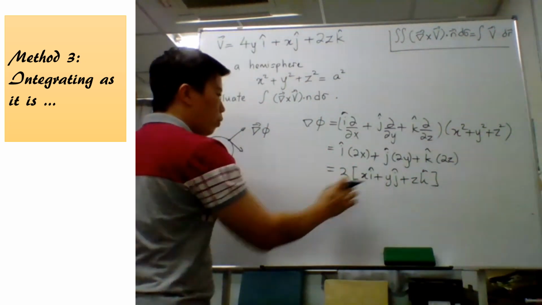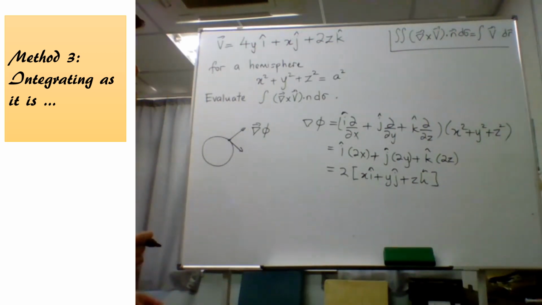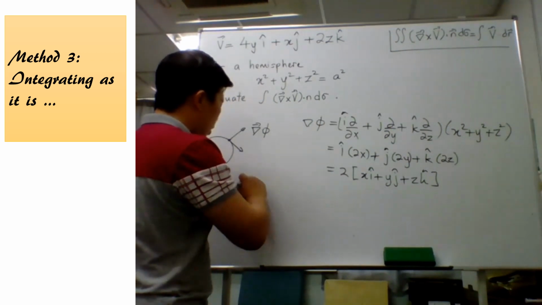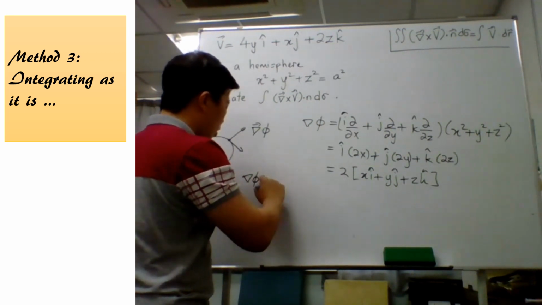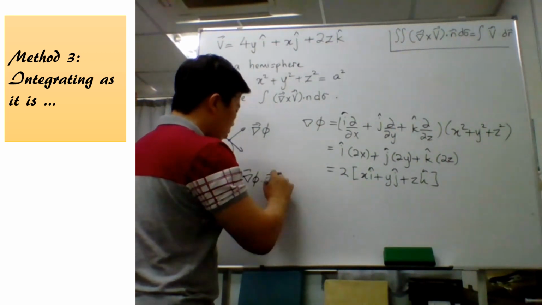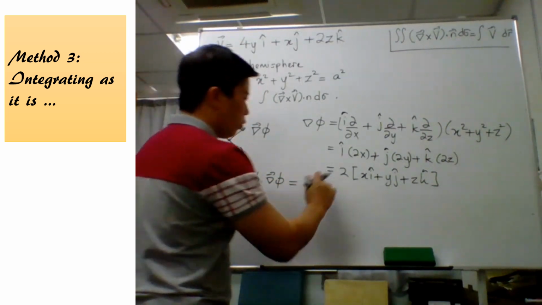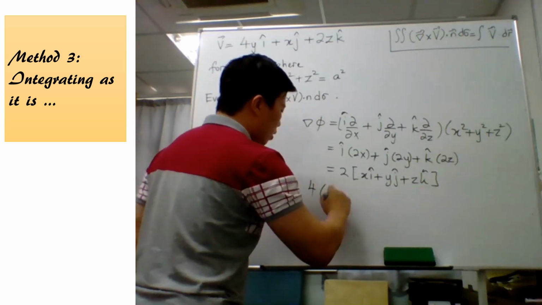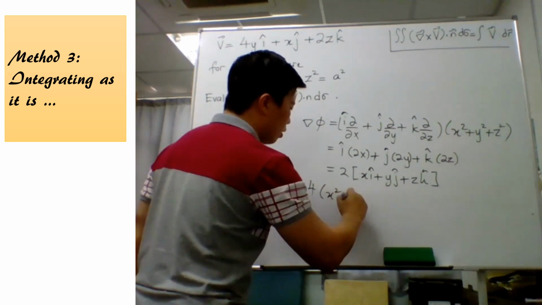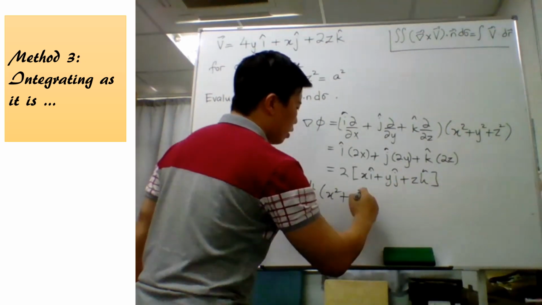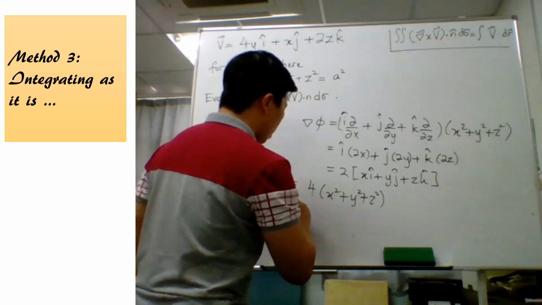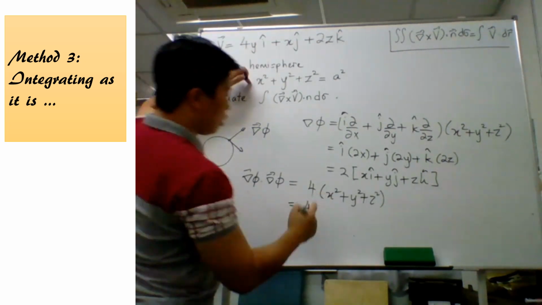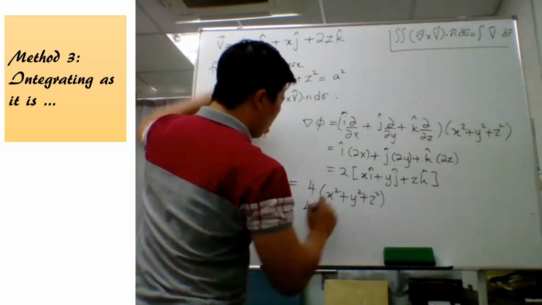Then you want to find the length of this vector. So you take the square root of del phi dot del phi, which is 2 times the square root of 4 times x squared plus y squared plus z squared, and because we have this equation, this is equal to a squared.